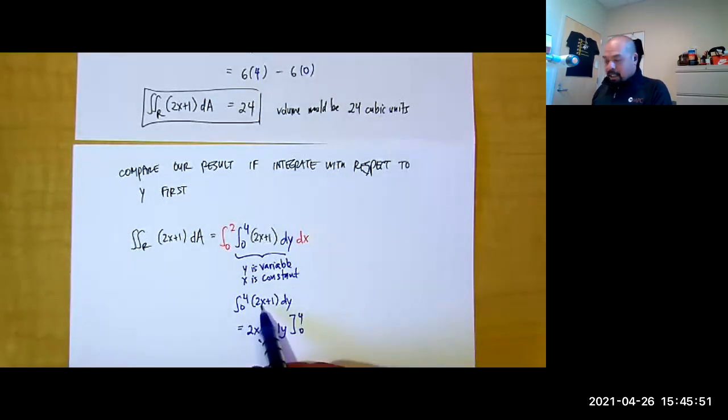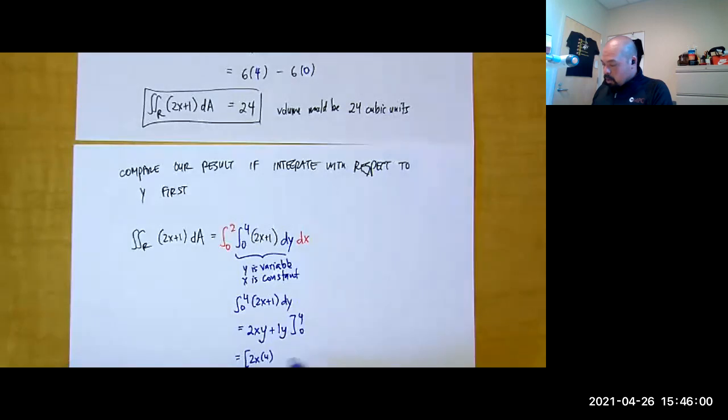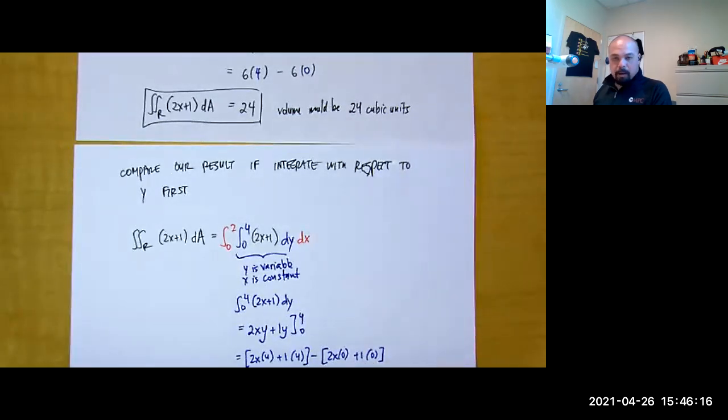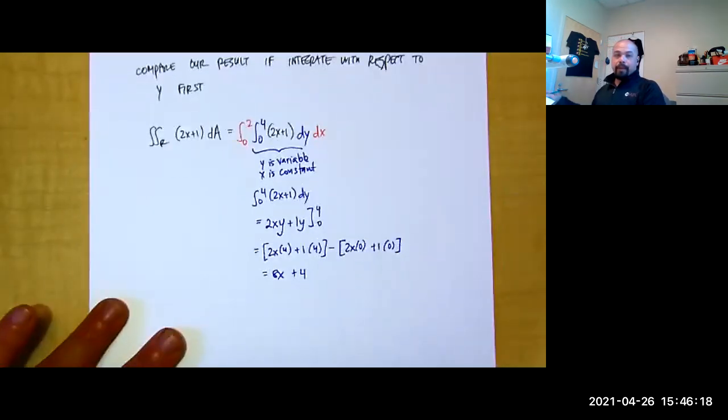Right? X is just a constant, like a pi. It's going to stick around. So that's going to be 2x times 4 plus 1 times 4 minus 2x times 0 plus 1 times 0. Right? There's my y values. 2x times 4 is 8x plus 4, minus 0.